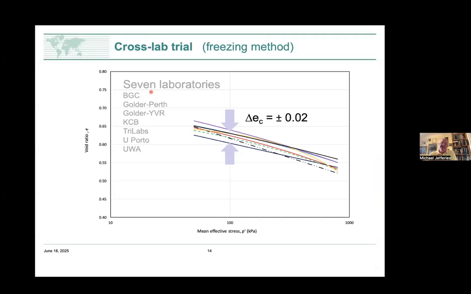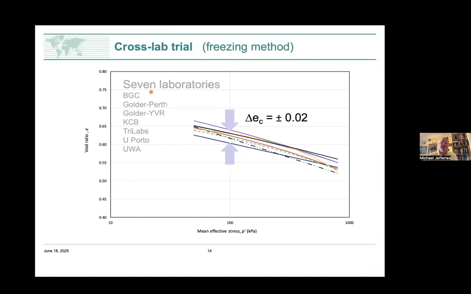And this demonstrates how well the method works. What you're looking at on the screen is a void ratio versus mean effective stress plot. The challenge was put out by the University of Western Australia. They said, okay, guys, we want to, as an industry, see how well we can measure the critical state locus.